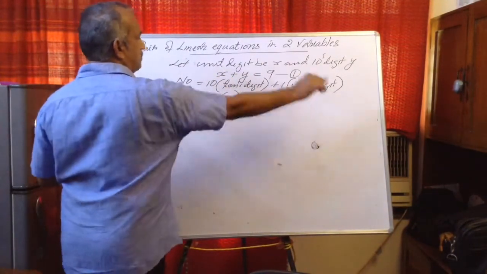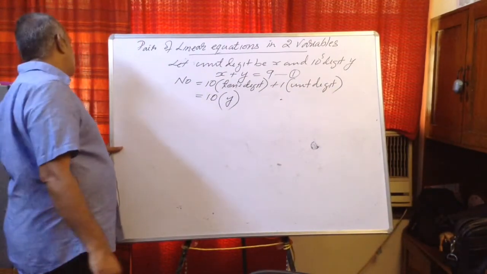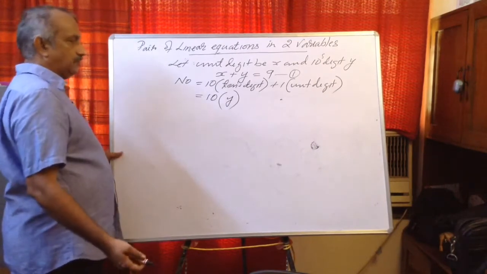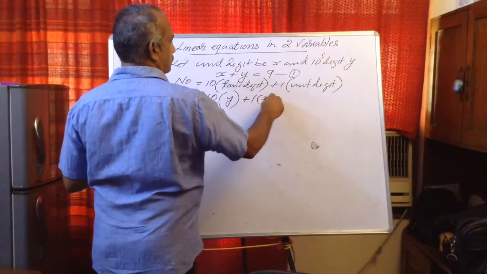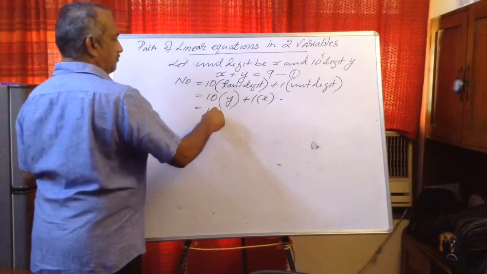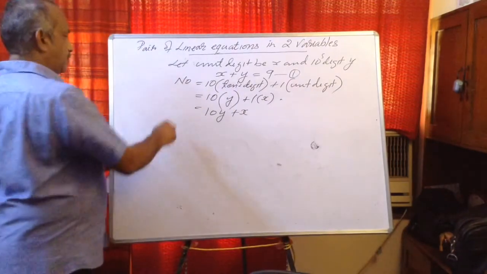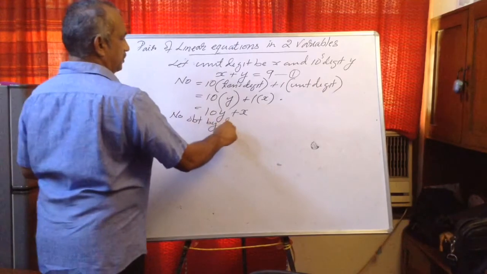This formula you have to remember. For writing a number, if it is a 2-digit number, the formula is 10 into the tens digit plus 1 into the unit digit. So 10 into y plus 1 into x, or 10y plus x. This is the number. Now the number obtained by reversing.